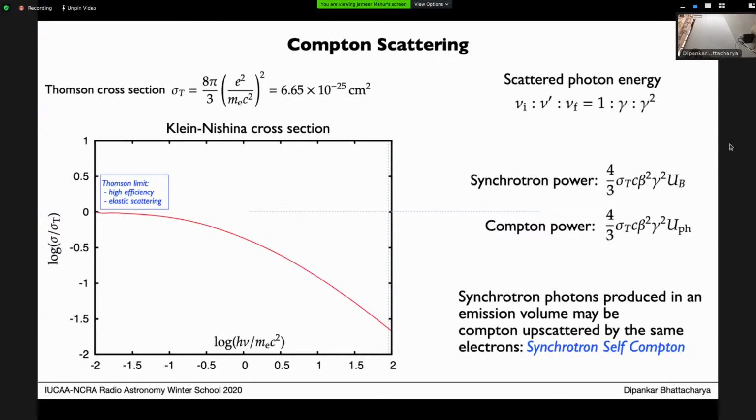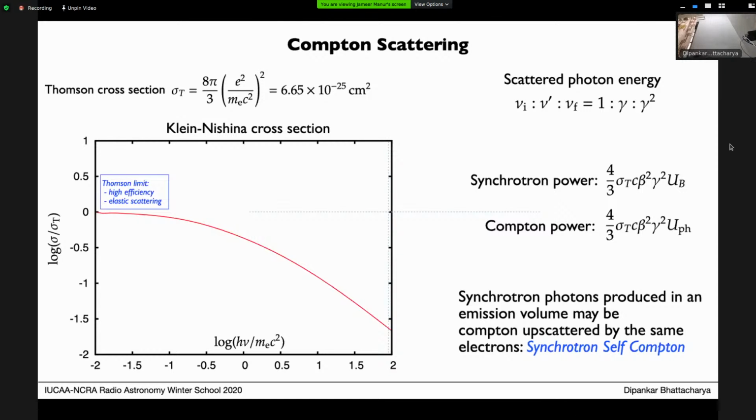Now, in the rest frame of the electron, the transformed frequency of the photon could still be in the regime where h nu is much less than m_e c squared. So it will undergo Thomson scattering. So the scattered photon in the rest frame of the electron will still have a frequency nu prime, but this photon will now be given a momentum largely in the direction of motion of the electron as seen in the lab frame.